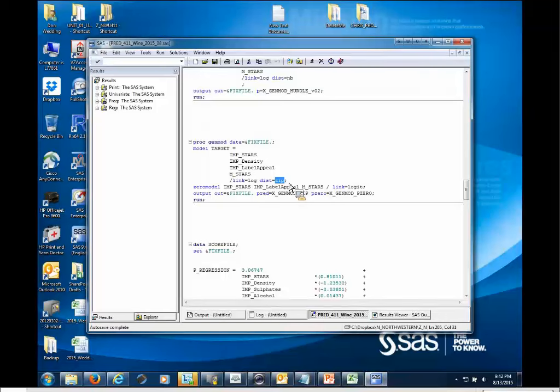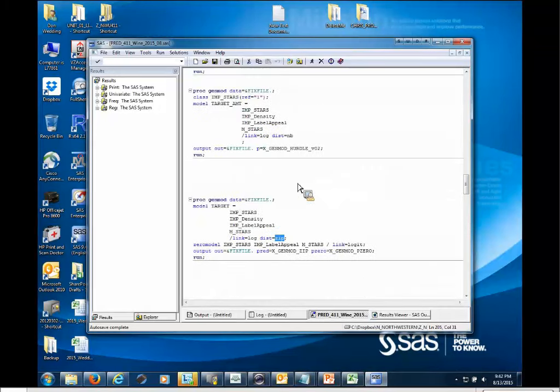Some of the older versions of SAS don't have zero inflated negative binomial options. If you can't do it, you can't do it. But you might get an error depending on what version of SAS you're using, because ZINB is new. So I'm just letting you know that right now. Don't lose too much sleep over that.